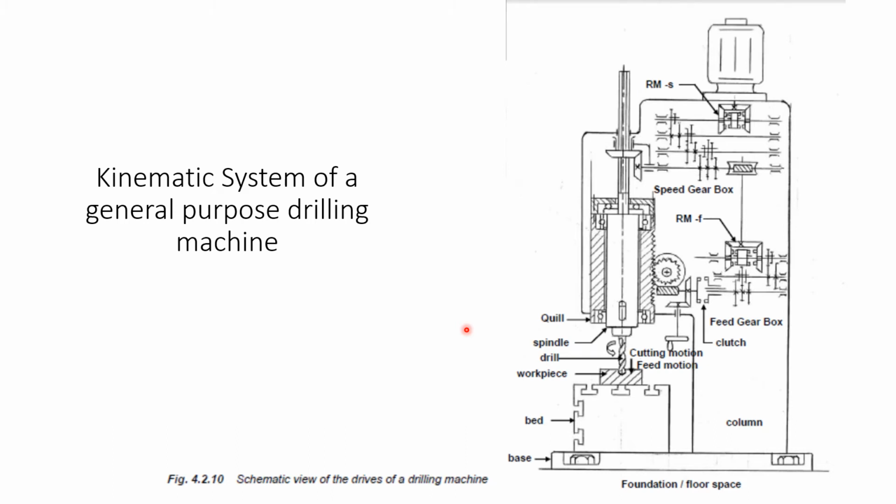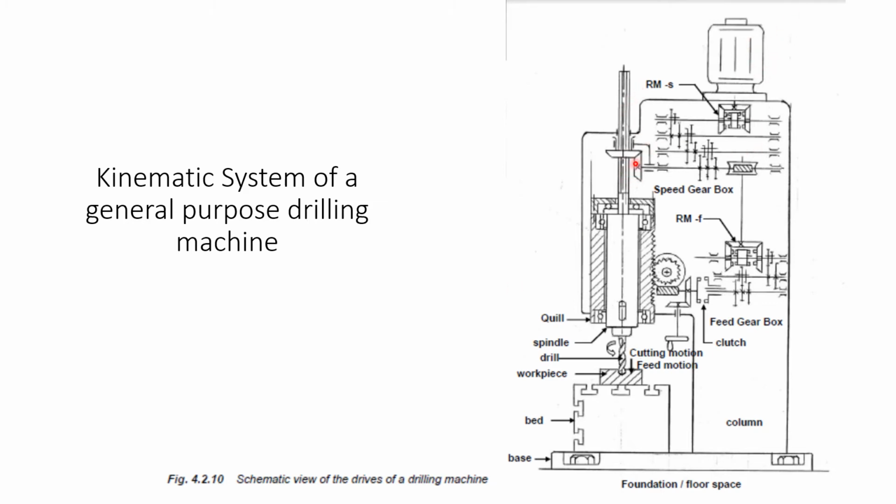Like center lathe and milling machine, drilling machines also need to have a reasonably large number of spindle speeds to cover the useful ranges of work material, tool material, drill diameter, machining and machine tool conditions. It is shown in figure 4.2.10 that the drill gets its rotatory motion from the motor through the speed gearbox.